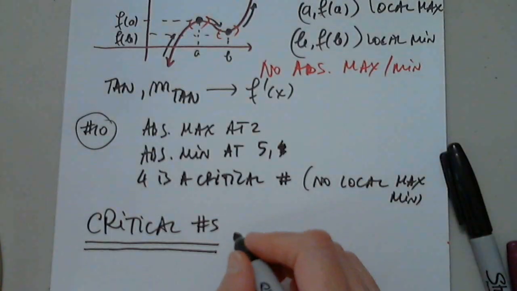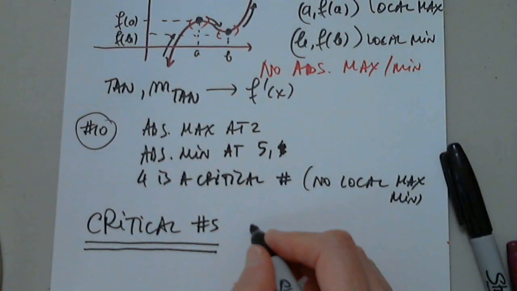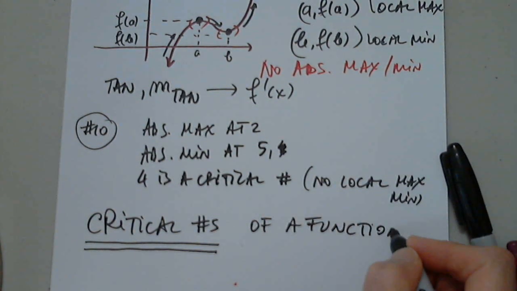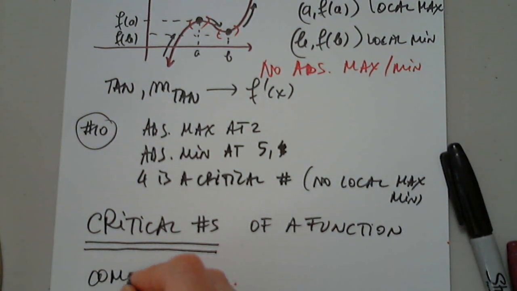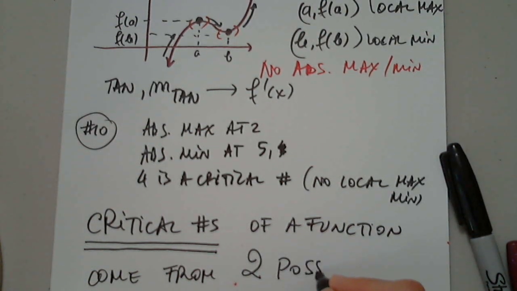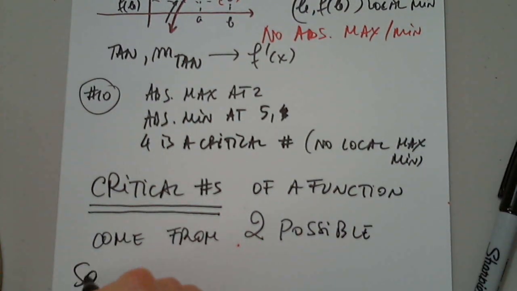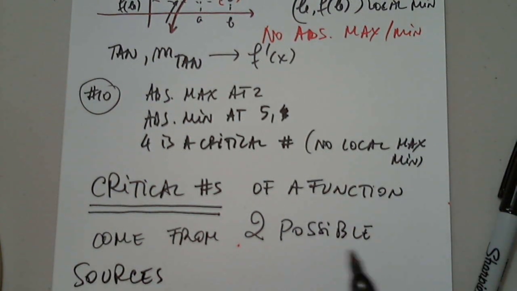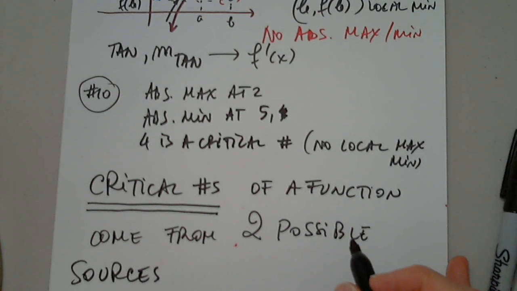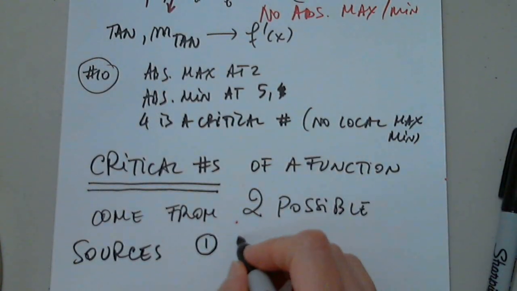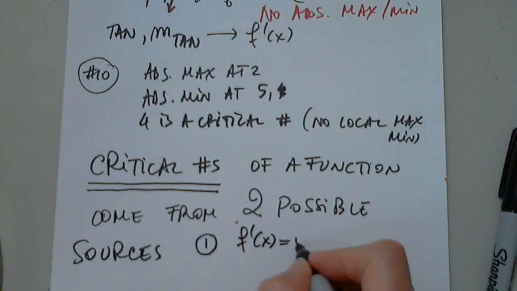A critical number or critical numbers of a function come from two possible sources. Both have to be checked. Source number 1, f prime of x equals 0.